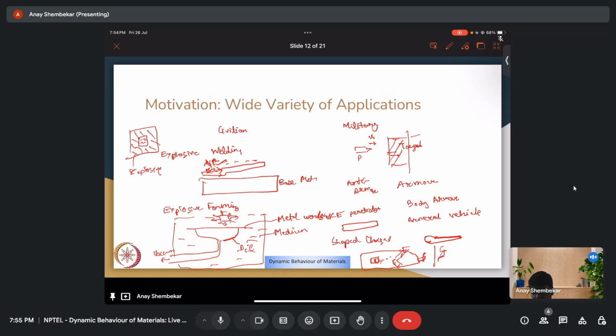This sort of shock consolidation can be done to a powder. This is used in diamond cutting tools and all, converting graphite to that. Okay, this is a very brief list. You can go a long way with this.